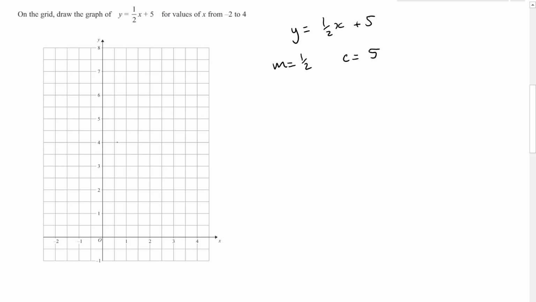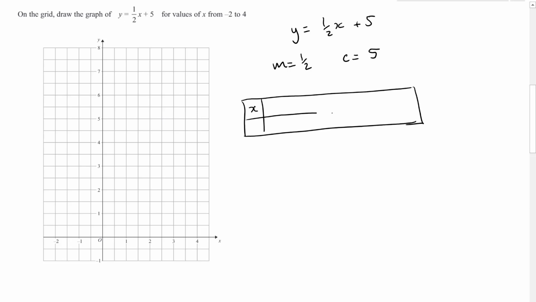Usually when we have these things, we can always make a table of x and y, and they've already given you in the question the limits. In practice, you don't have to fully go through and do all of these.